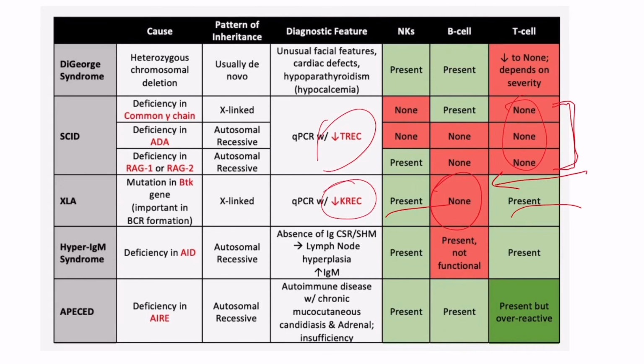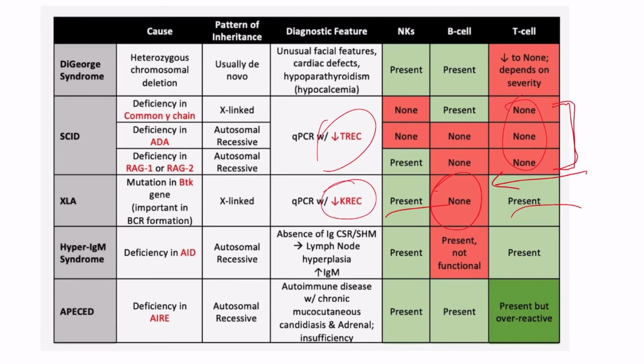And so I think of TREC, it starts with a T, so I think of T cells and I think of SCID. CREC is for B cells, and the things that really have to do with B cells are going to be XLA. Hyper-IgM syndrome does as well have to do with B cells, and we're going to talk about that next. But it will have a normal CREC level, and that's mainly because our B cells are still present. They're just not functional in hyper-IgM syndrome.